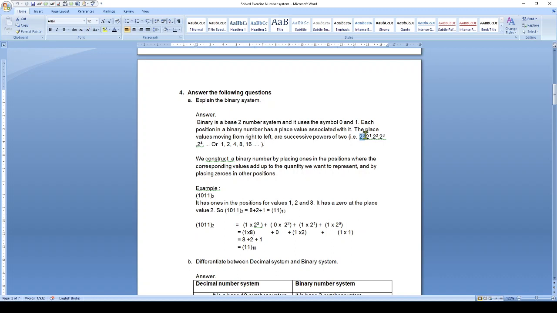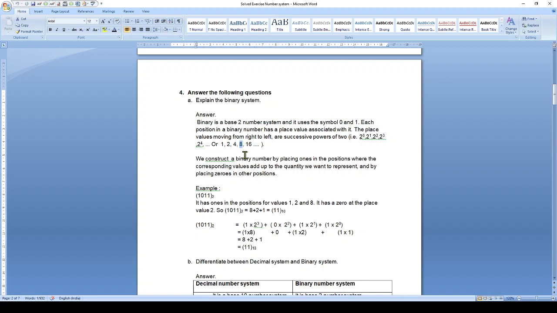You see 2 to the power 0, the value is this one. Right? 2 to the power 1, the value is this one. 2 to the power 2, the value is 4. 2 into 2, it is 4. 2 to the power 3, 2 into 2 into 2, it is 8.